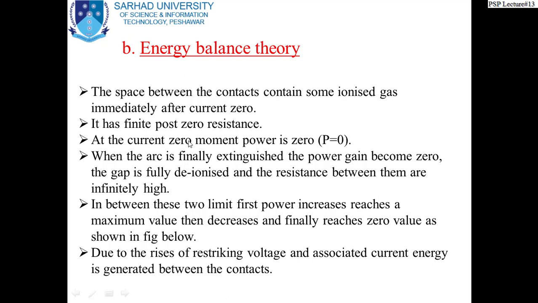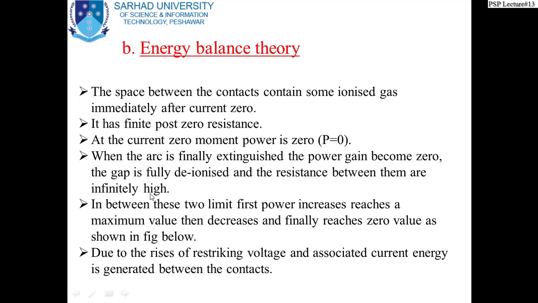At the current zero moment, power is zero. Because current is zero, power is zero. When the current is finally extinguished, the power again becomes zero. It means the gap is fully deionized and the resistance between them is infinitely high.